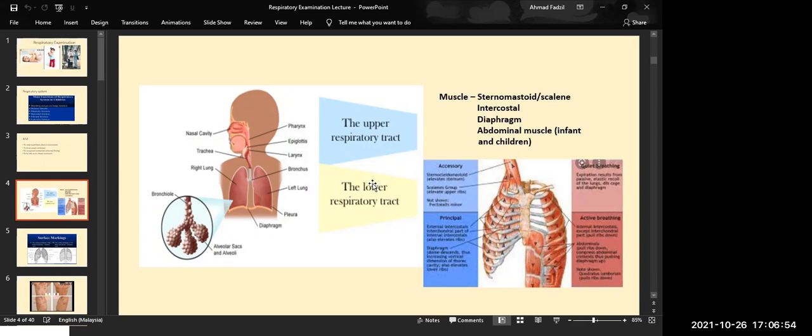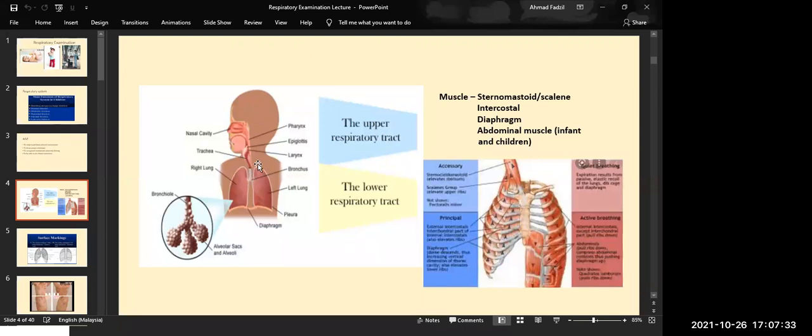You put your hand on your neck, you follow your trachea until you feel the trachea enter the chest, the thoracic inlet. That is the border where we divide the upper airway and lower airway. Those above the inlet will be the upper airway. Those below the inlet will be the lower airway.